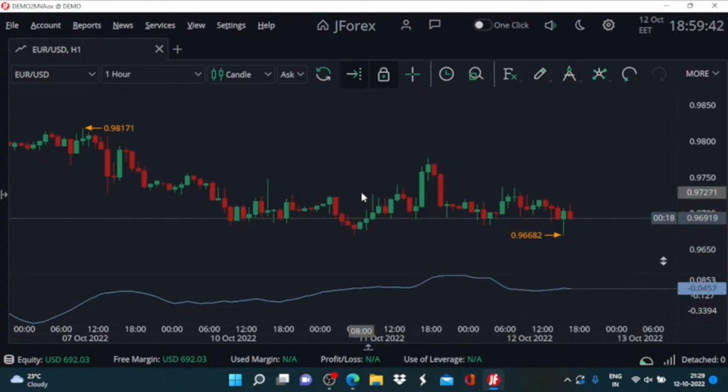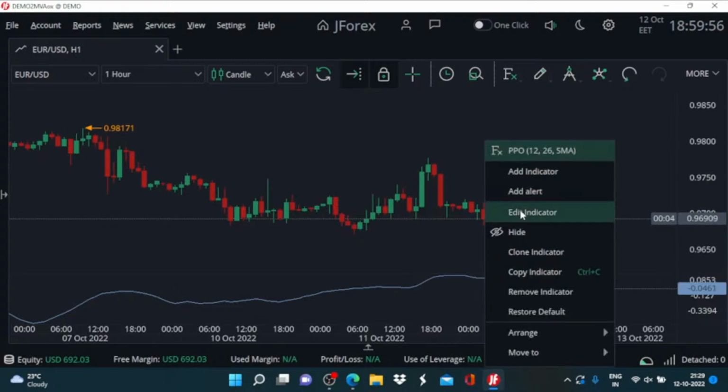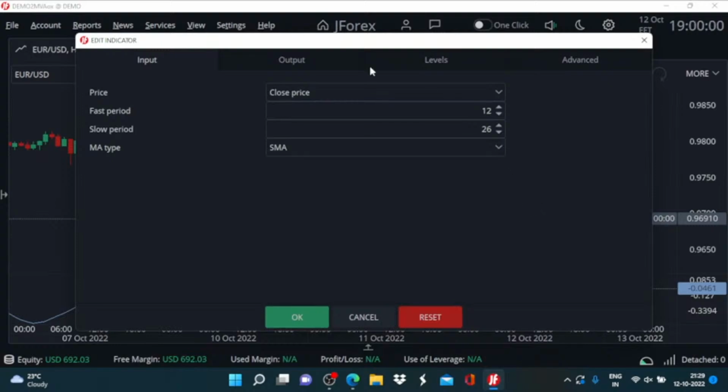The percentage price oscillator is a simple indicator. It is derived using the moving average of two different calculation periods, 12 and 26, and here we are considering the SMA. So the formula is very simple. We take the SMA of 12 candle periods and then the SMA of 26 candle periods.